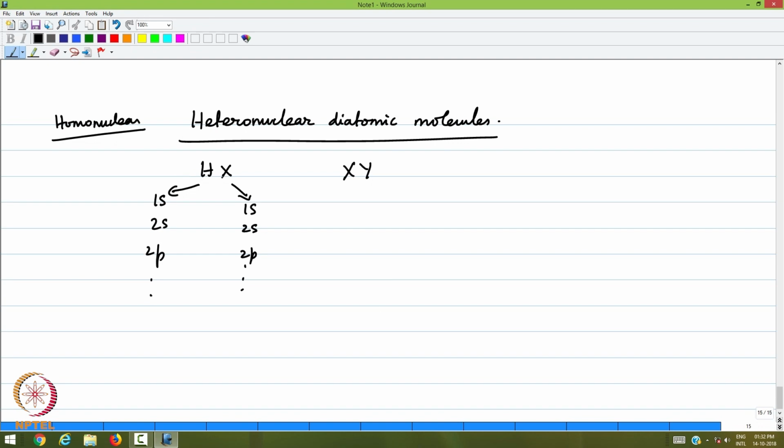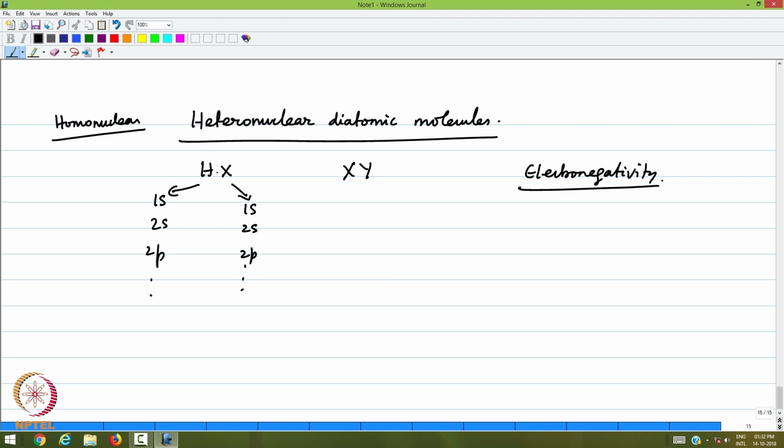And we already have a way of defining qualitatively what is called the electronegativity, which is the ability of the atom to retain the electrons more closely to itself. It is a measure.